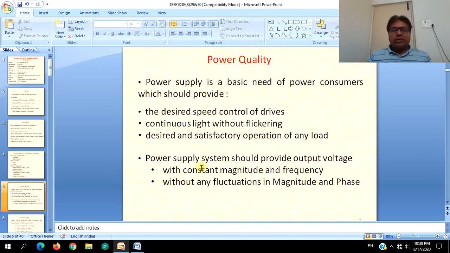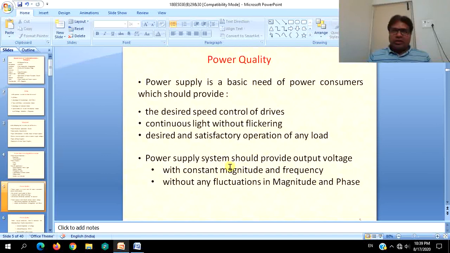The power supply system, that is the utility system, for our country is the DISCOM or distribution company. As far as the consumers are concerned, the power supply system is the distribution company.